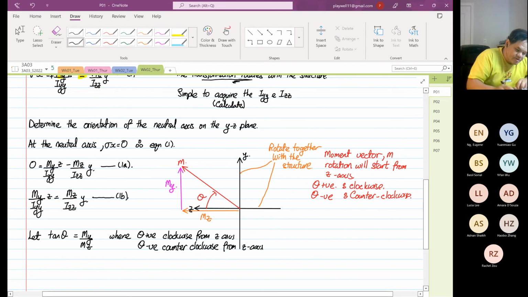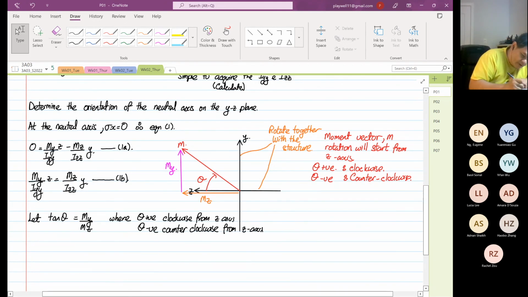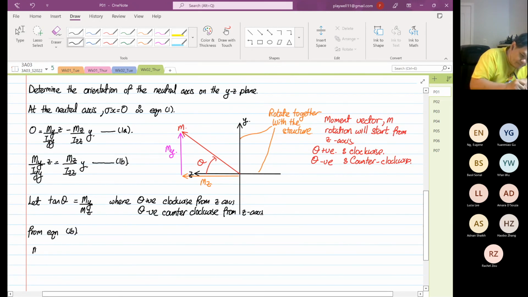From equation 1b, we can write My over Mz is equal to Iyy over Izz, y over z.